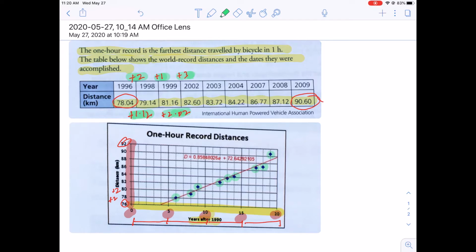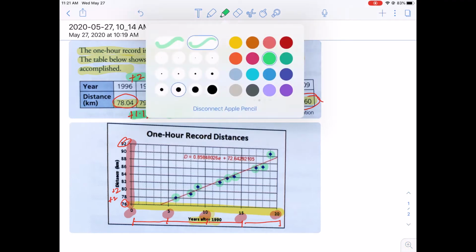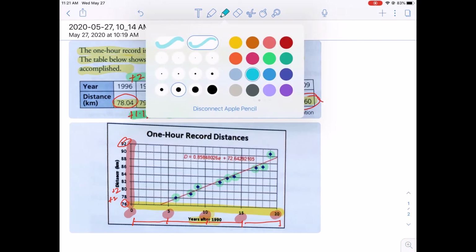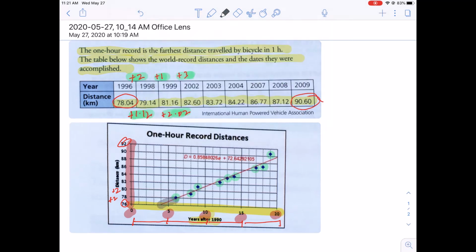If you look, the data is not in a straight line, but when we see the trend, it's linear. It's not in a straight line, but we can draw a straight line through it, and you see the red line that goes through it. So I'm going to change the color a little. This straight line is called a line of best fit.